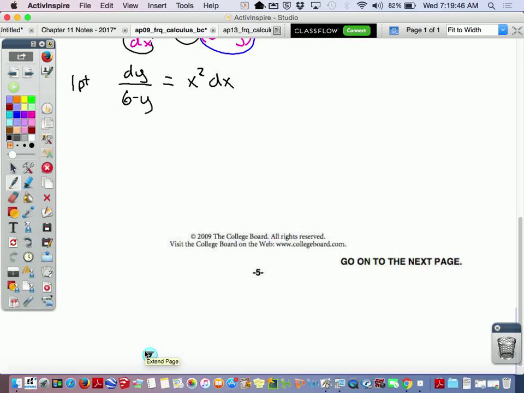Our next step will be to integrate both sides. Okay, so we'll do the antiderivative of both sides. Now the right side, way easier. That's just going to be x cubed over 3 plus c. On the left side, we've got this minus y in the denominator.